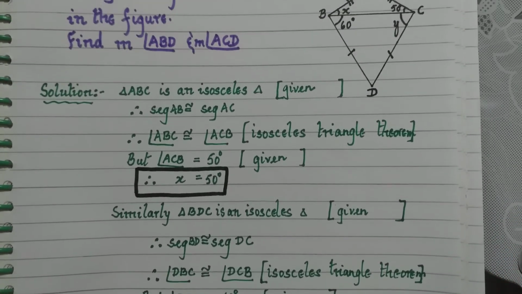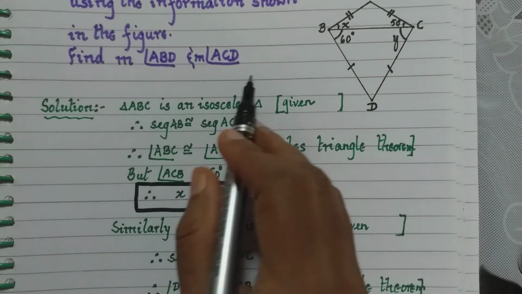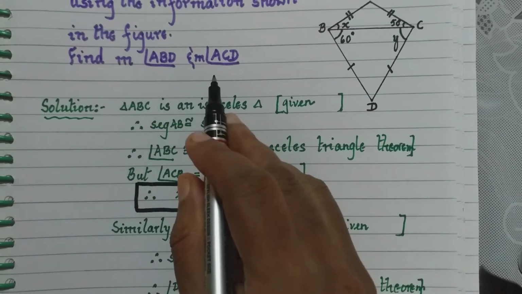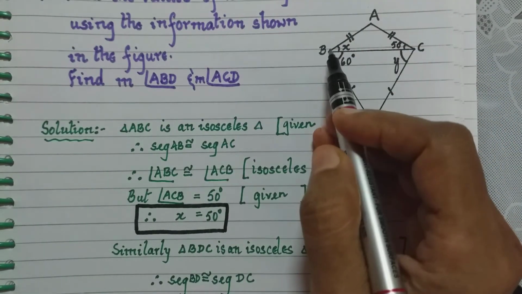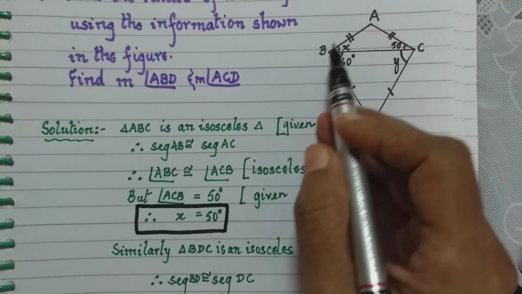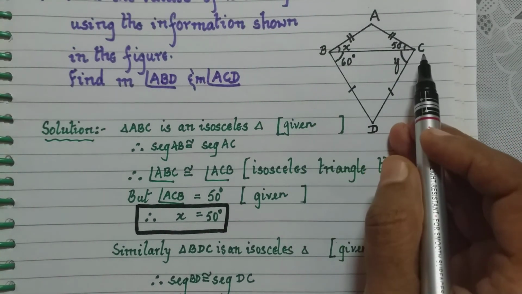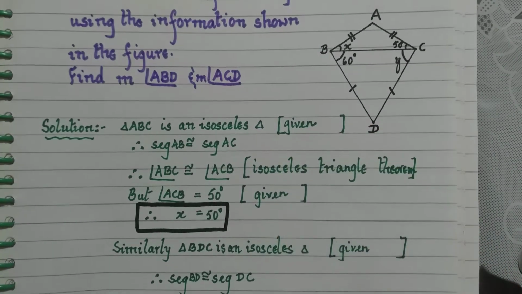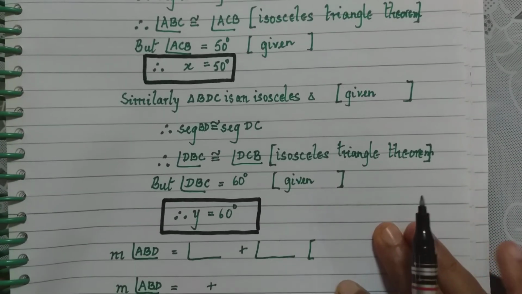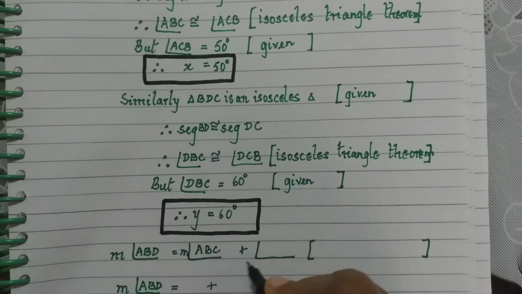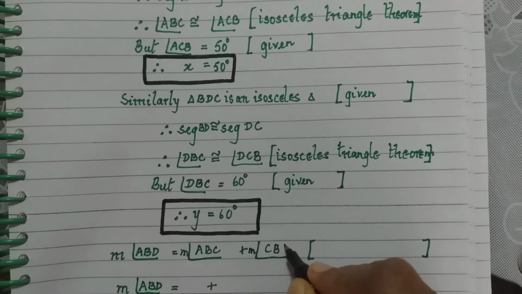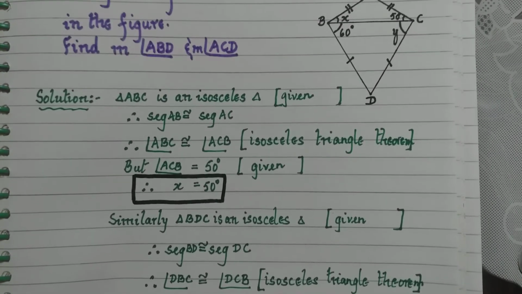Now, in the question, they asked us two more angles, measure angle ABD and measure angle ACD. Look at the figure. Measure angle ABD is equal to measure angle ABC plus measure angle CBD. So we write here measure angle ABC plus measure angle CBD. Okay, look at the figure again.